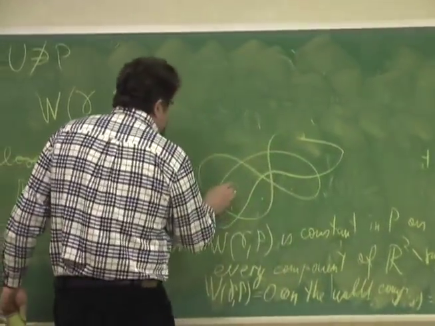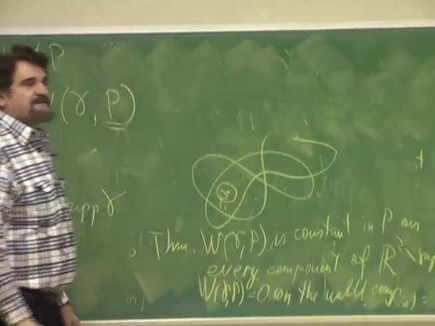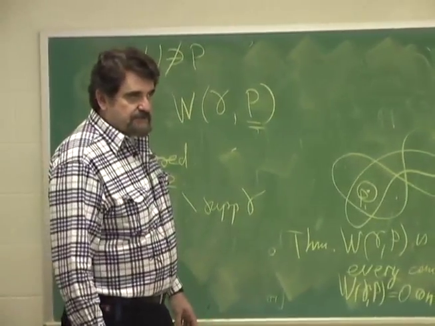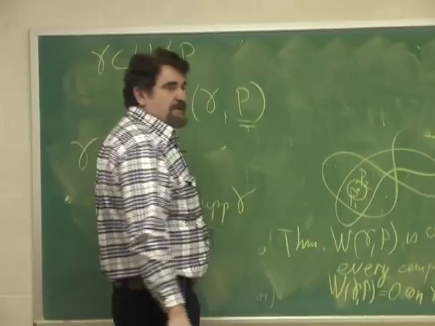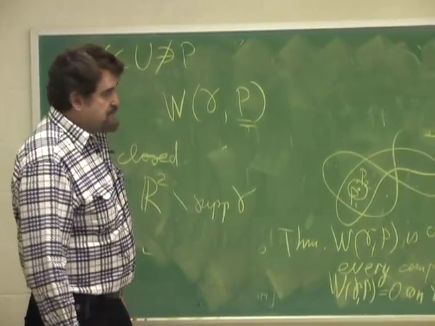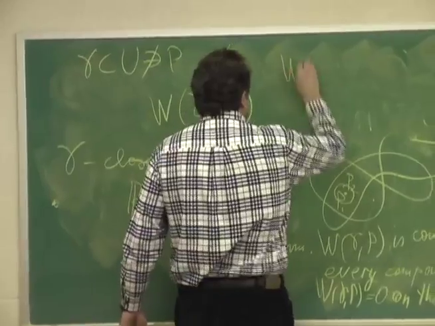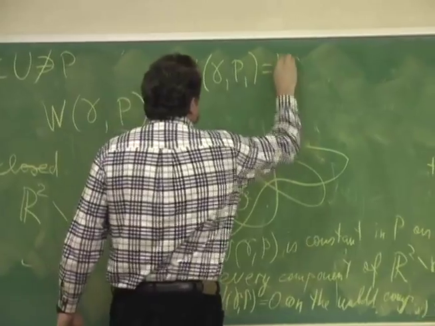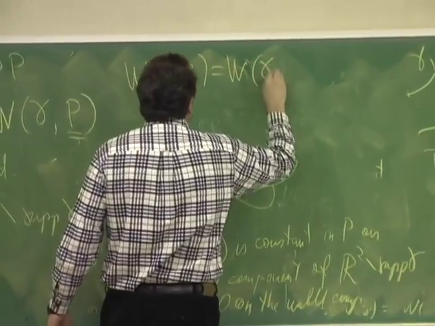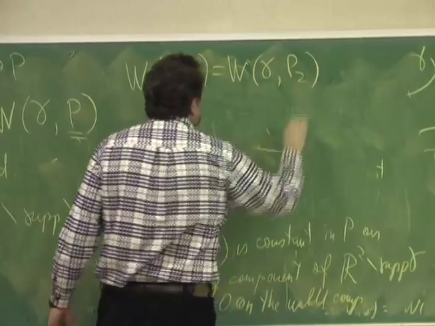Okay? Surround this point by a small disk centered at this point and take any other point P2 here. I need to prove that the winding number of gamma with respect to P1 is the same as the winding number of gamma with respect to P2.